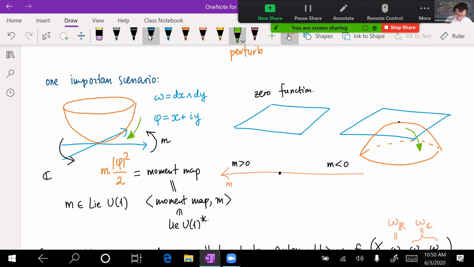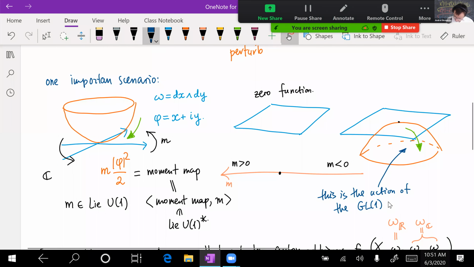this green arrow is the action of the complexification of GL1, which is the complexification of U1.